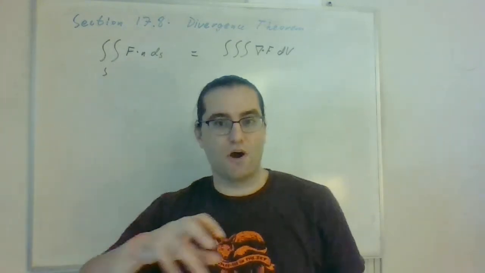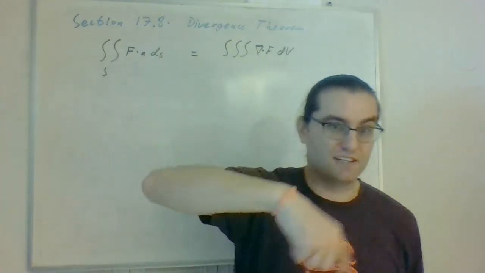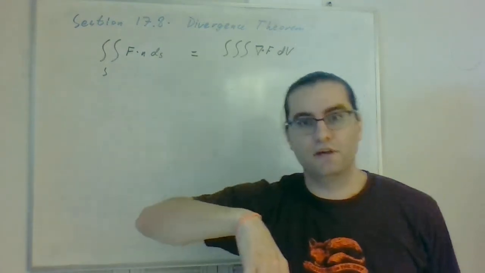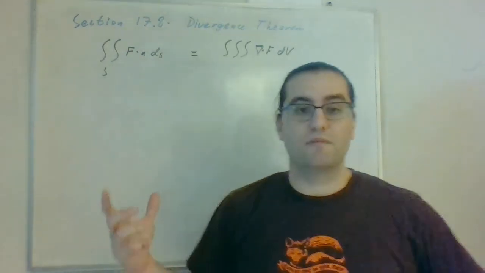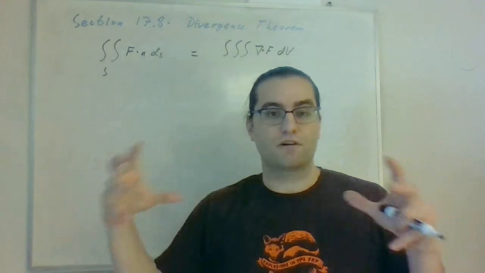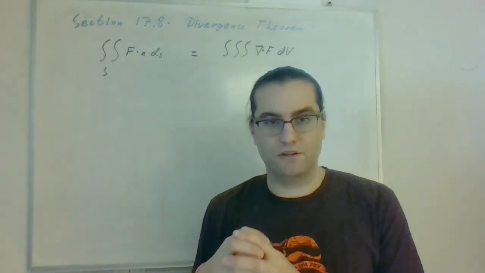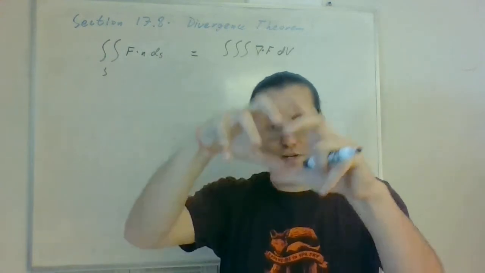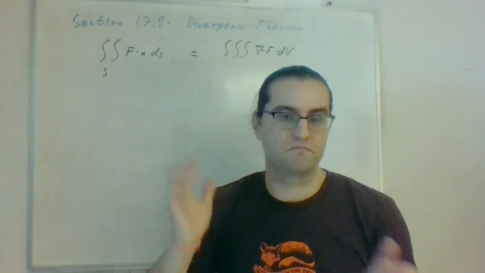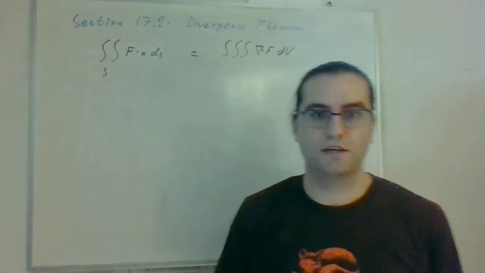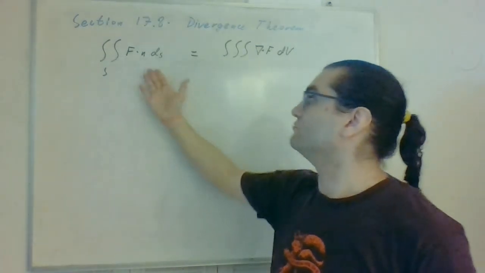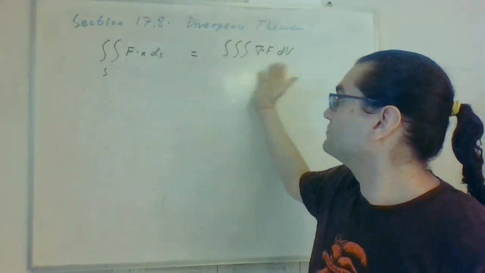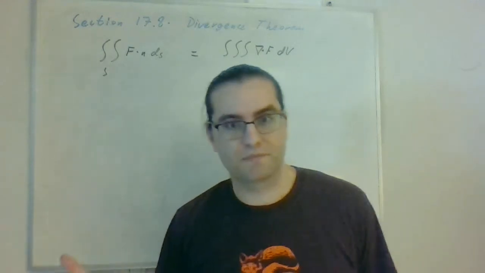Those things needed to be open so that they have those boundaries. For the divergence theorem, you can only use this on flux integrals that are completely enclosed. So if you have the flux through an entire sphere, you can use the divergence theorem on that and replace the flux integral with the triple integral over the sphere.